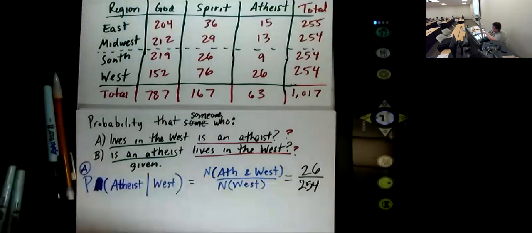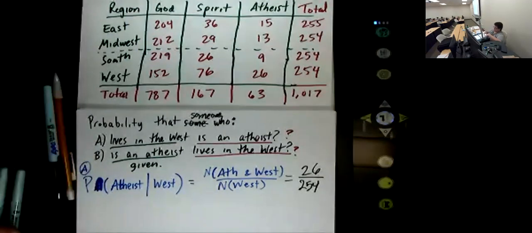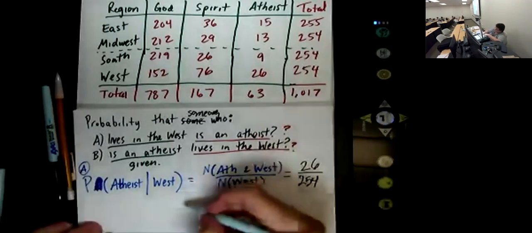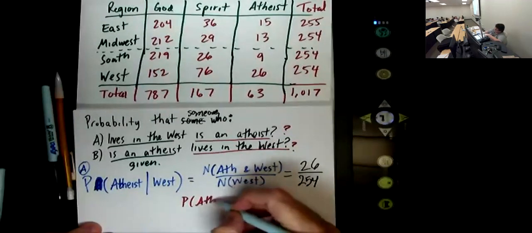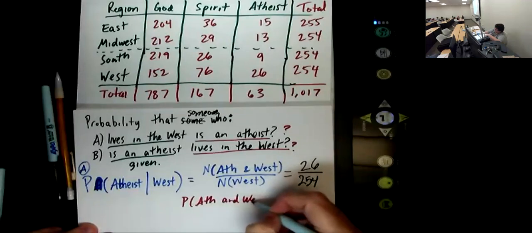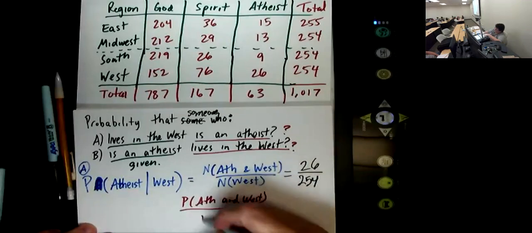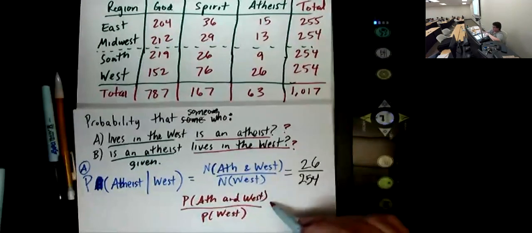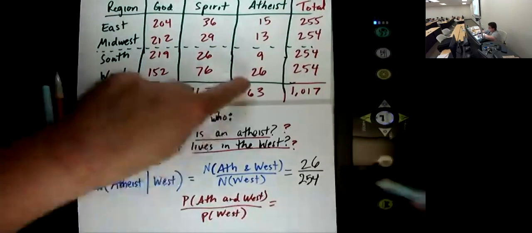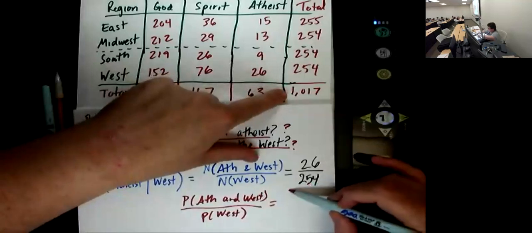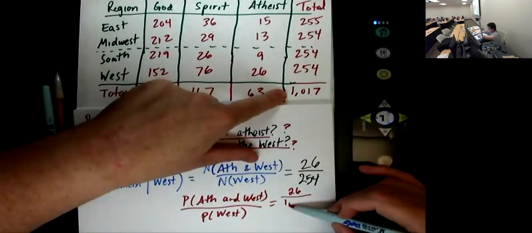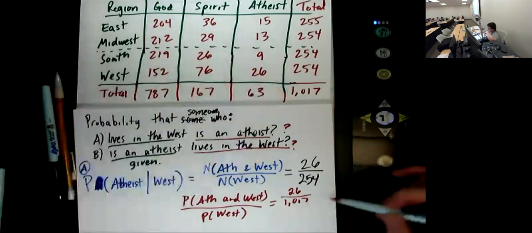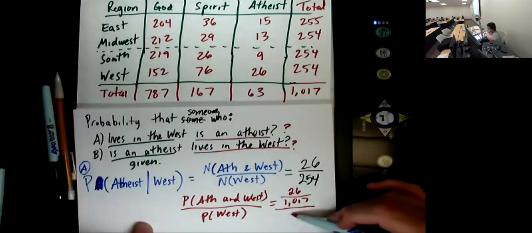If we do the probability formula real quick, the probability of atheists in West over the probability of West. Atheists in West is 26 out of 1,017. The probability of West is 254 out of 1,017.